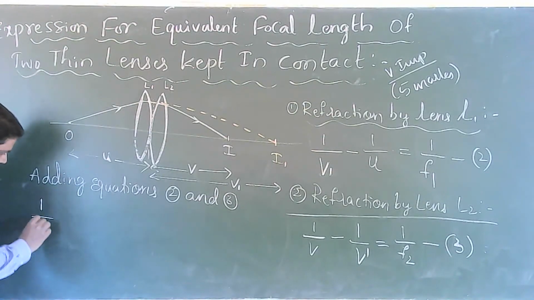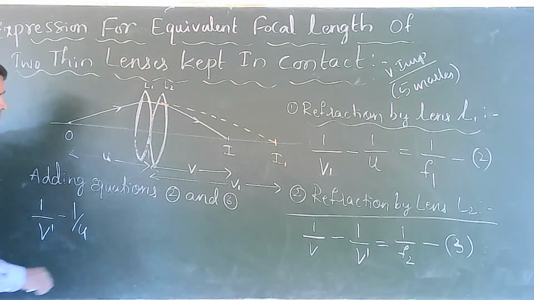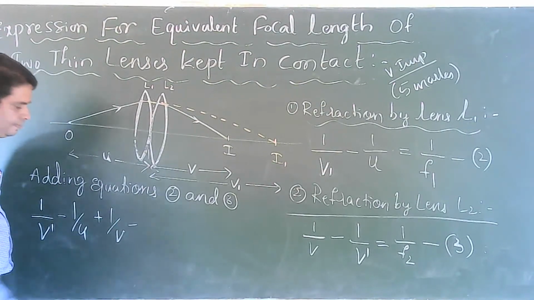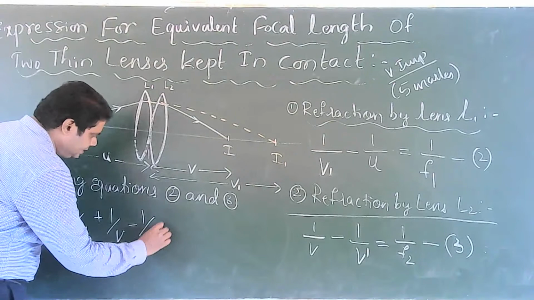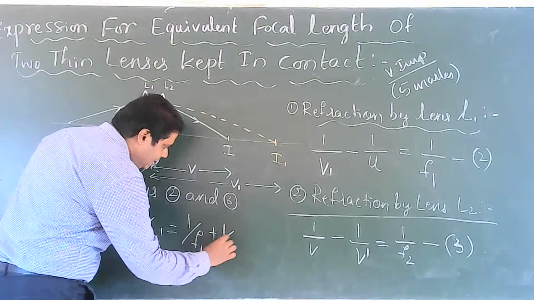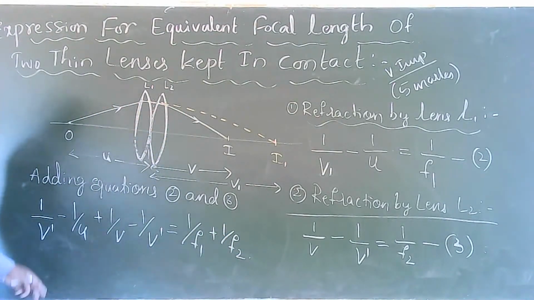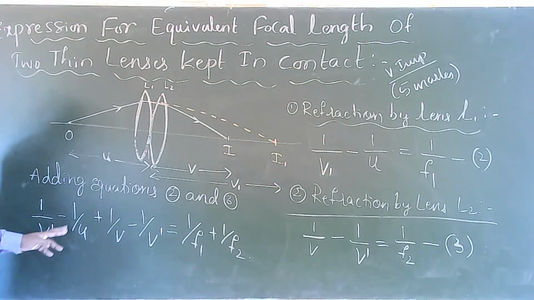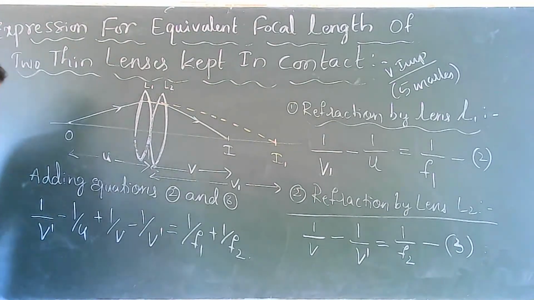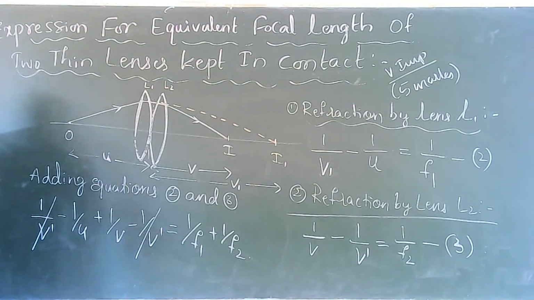Let me add literally: 1 by v dash minus 1 by u plus 1 by v minus 1 by v dash is equal to 1 divided by f1 plus 1 divided by f2. Correct? This equation we get. Now you can cancel these things, the 1 by v dash terms. Correct? You can cancel it.